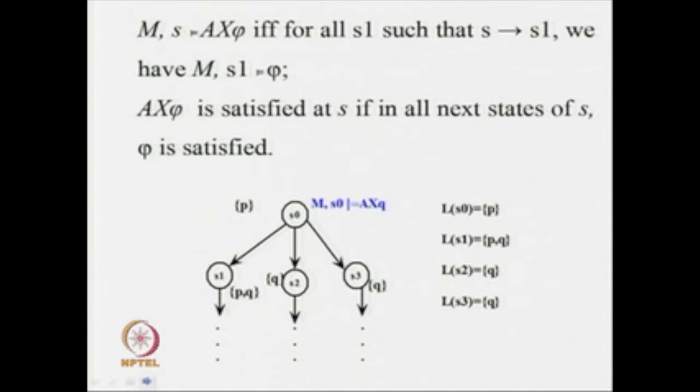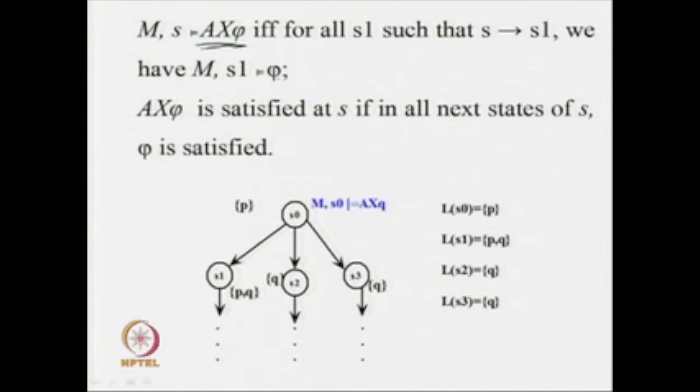Now, we are going to see how to define the semantics of our temporal operators. First, we consider A x phi, which says that in all paths, in the next state, phi holds. In a model M, at state S, we say M, S models A x phi if for all S 1 such that there is a transition from S to S 1, we have M, S 1 models phi.